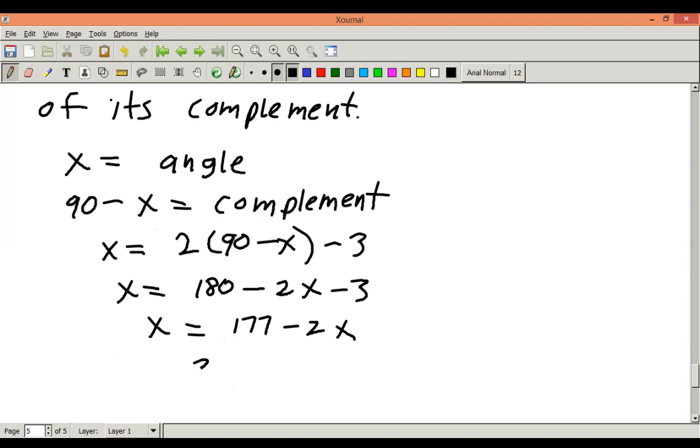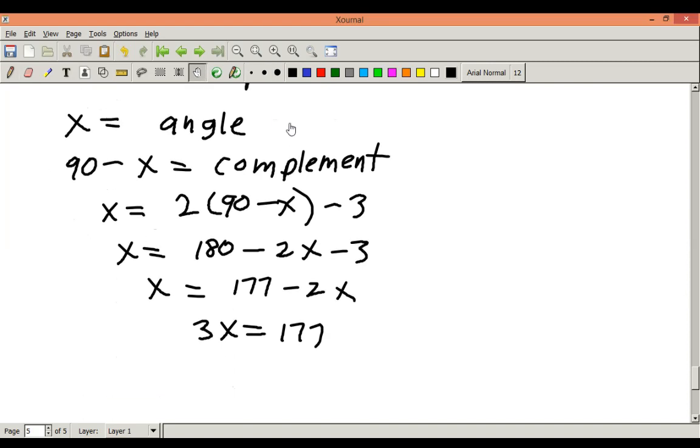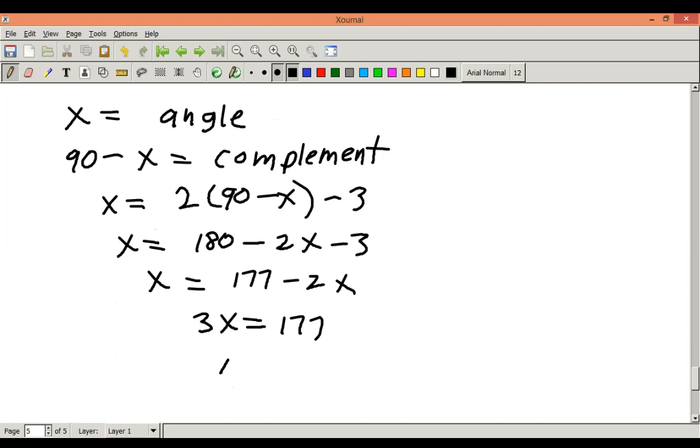Add 2x to both sides, so 3x equals 177. And divide by 3, so x equals 59.